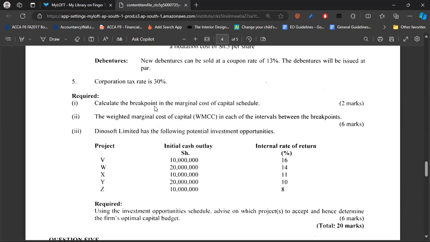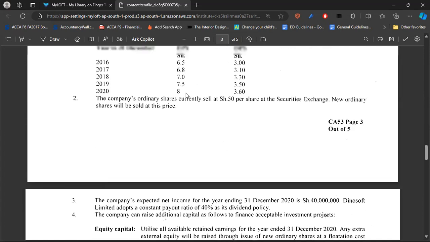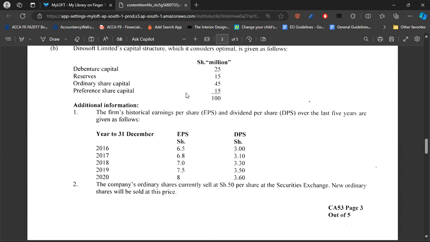Now, it is very important for you first to look at the capital structure of the organization. When I look at the capital structure here, I can say that this organization is financed by debentures, equity, and some preference capital.